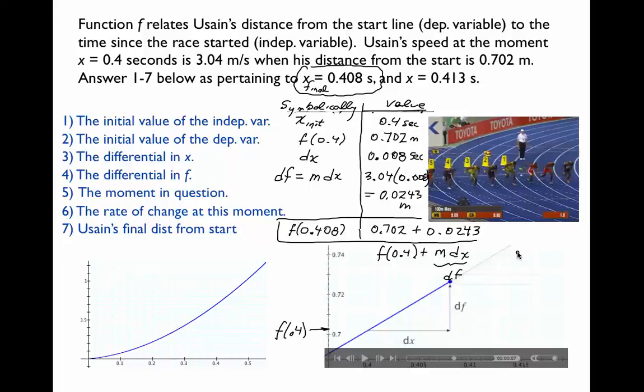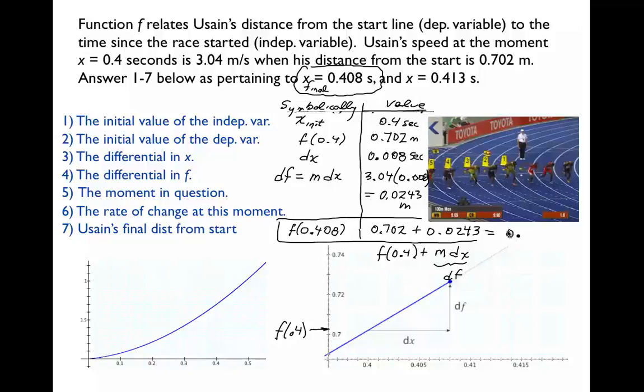The final value of the quantity is the initial value plus how much it changed, and we can calculate how much it changed using constant rate of change, m dx. And what do we get?